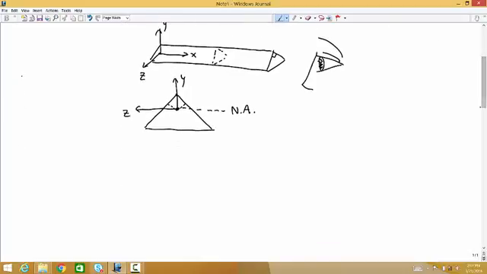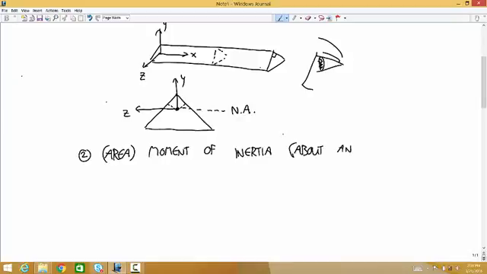Now the next definition we need is the area moment of inertia about an axis. People just call it the moment of inertia, but that's fraught with pitfalls. So think of it as what it is. It's the area moment of inertia about an axis.